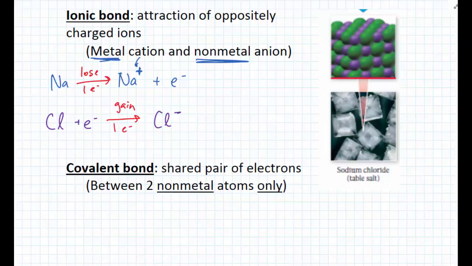What we didn't tell you last time is that this electron over here doesn't just fly away. Okay? This electron is actually the same as that electron right there, if the sodium and the chlorine are in the same container as each other. So another way of drawing this might be something like this.